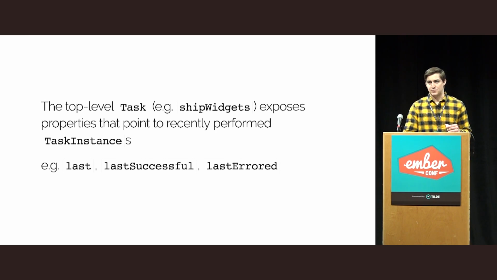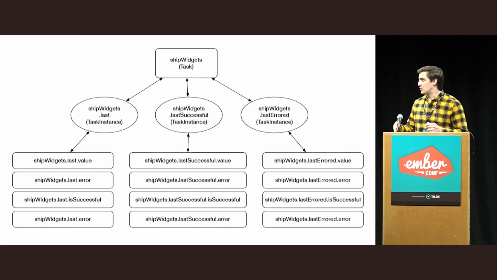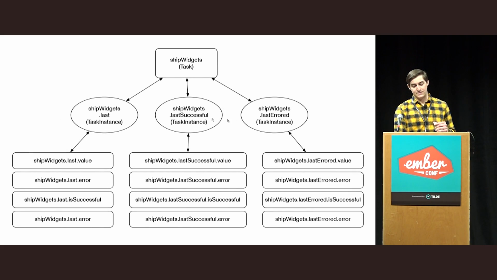Last successful is the last one that ran to completion and returned a value. Last errored is the one that threw an error, which can be useful sometimes for displaying error loading banners and some other things. I don't expect you to take very much away from this slide, but just to make it clear, there's last, last successful, and last errored.